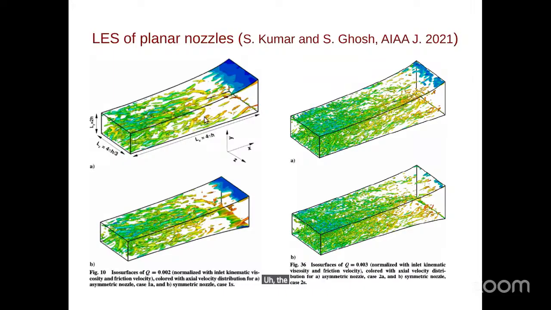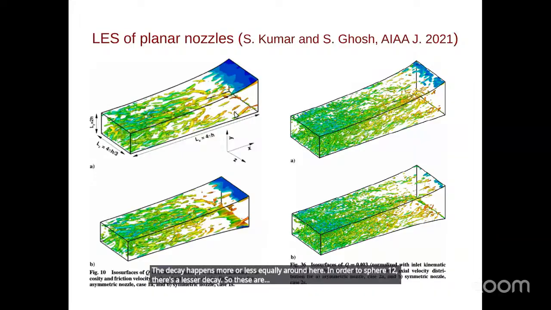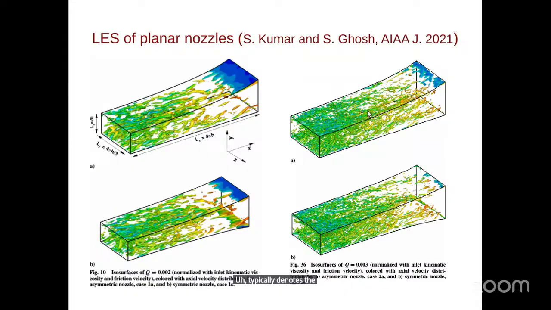This is the symmetric nozzle, which shows again the decay of turbulence, but in this case, near both the walls, the decay happens more or less equally, while here near the straight wall there is a lesser decay. So these have been studied for 2 Reynolds numbers. The higher Reynolds number typically denotes the finer scales of turbulence.